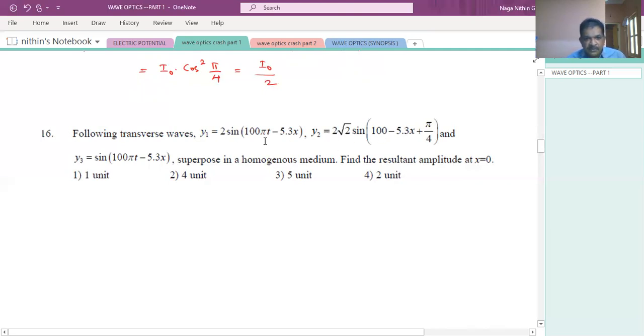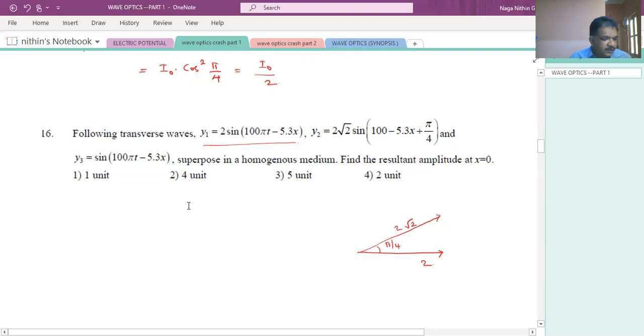So these two waves are going along the x-axis. This wave y1 will be like this. This wave y2 is going like this, with amplitude 2 root 2. This phase value will be pi by 4.